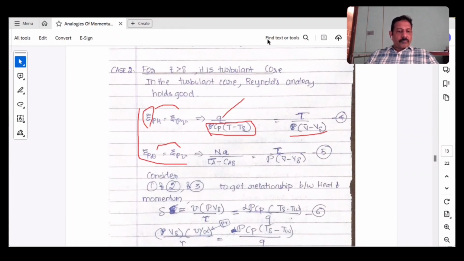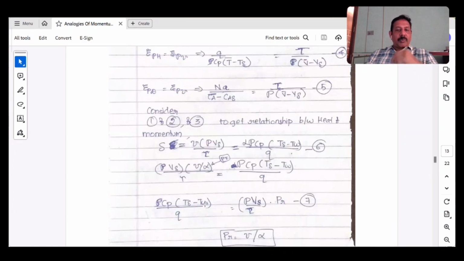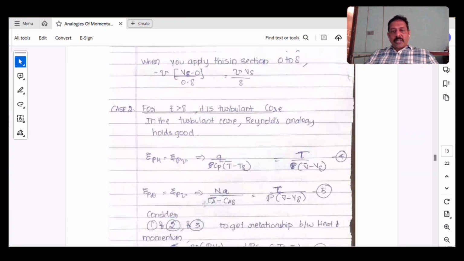So now consider equations 1, 2, 3 to get the relationship between heat and momentum. Write equations 1, 2, 3 in terms of delta.